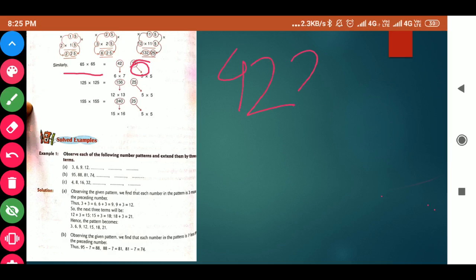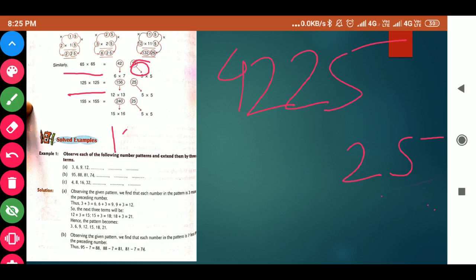Now taking another one, 125 multiplied by 125. Here the ones place is 5. So the product of 5 into 5, you will get 25. Write it at the right side. And now which number is left? 12.